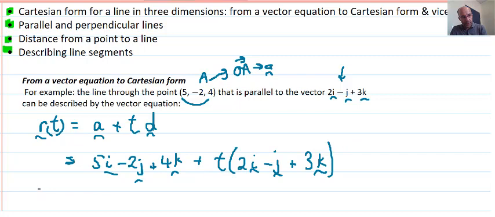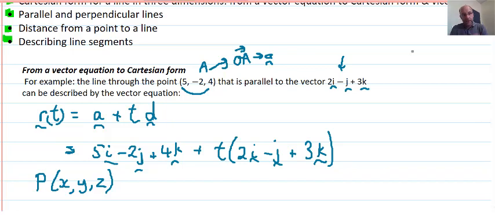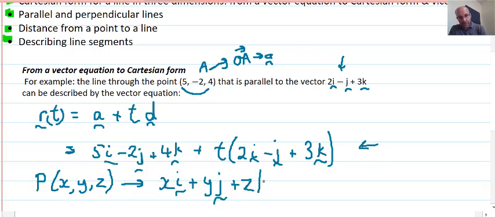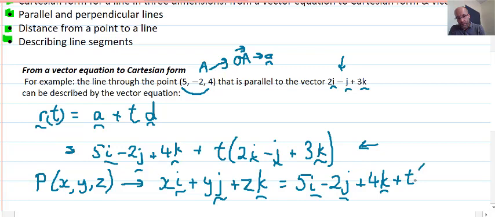Now in general, if we have point P, noted as x, y, z, and P is on the line in question, which has the position vector r just mentioned, we can see that xi plus yj plus zk equals 5i minus 2j plus 4k plus t outside of 2i minus j plus 3k.